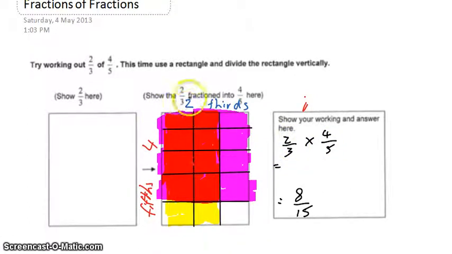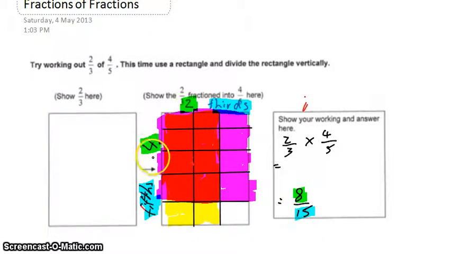And to get it, I'm timesing my numerators together to get the total numerator. So 2 times 4 gave me 8. And then I was timesing my denominators together to get my denominator, my thirds by my fifths to get 15ths.